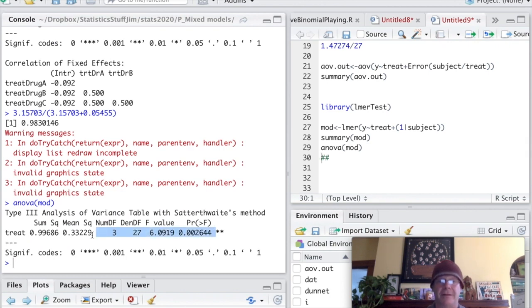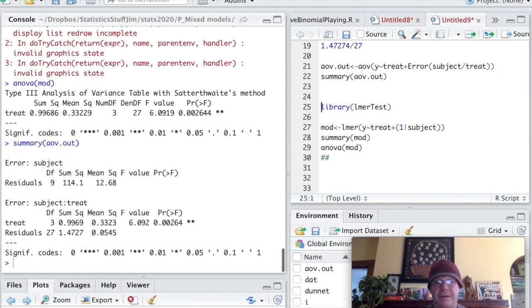And then here we have it. Look at that. We get the exact same answer as we got when we did it as an AOV. And we would get the exact same answer if we went through Jim's long convoluted way of centering all the data and then calculating the F statistic by hand, which again is something you shouldn't do.